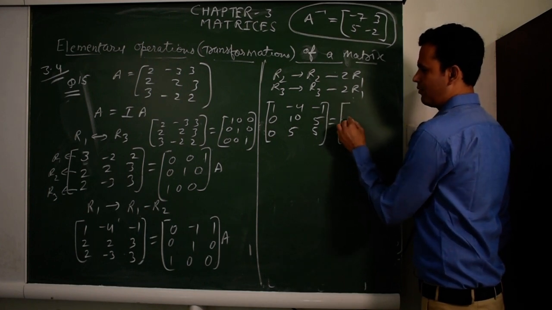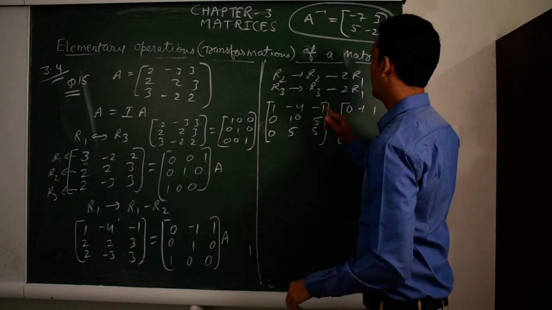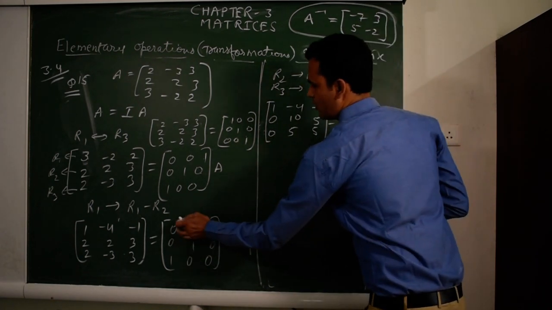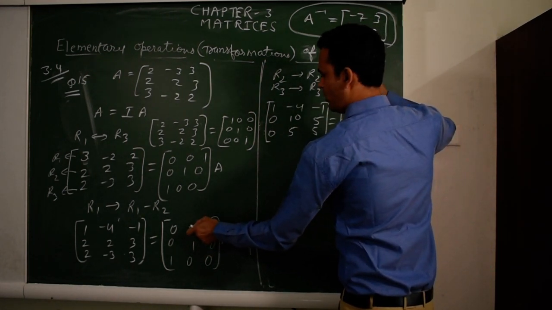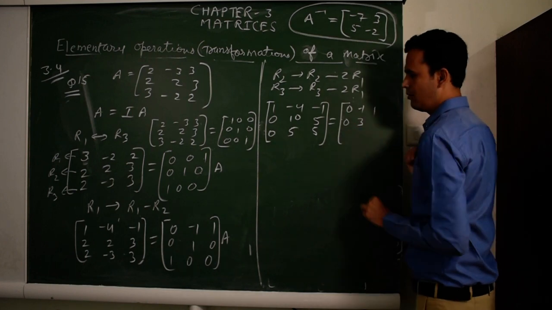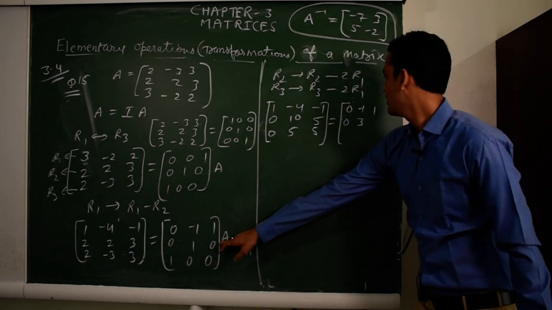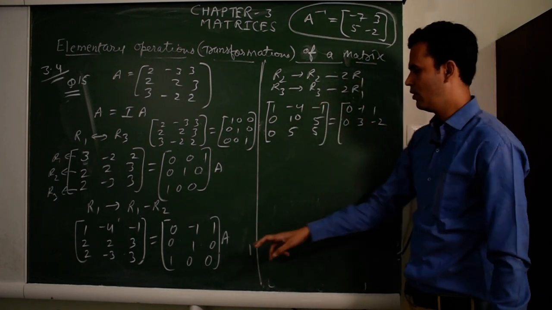Same operations here, no change in R1, change in R2, R2 minus 2R1, R2 minus 2R1 is 0, 1 minus 2 into minus 1 is 3, 1 minus 2 minus 3 3, and 0 minus 2, it's minus 2.